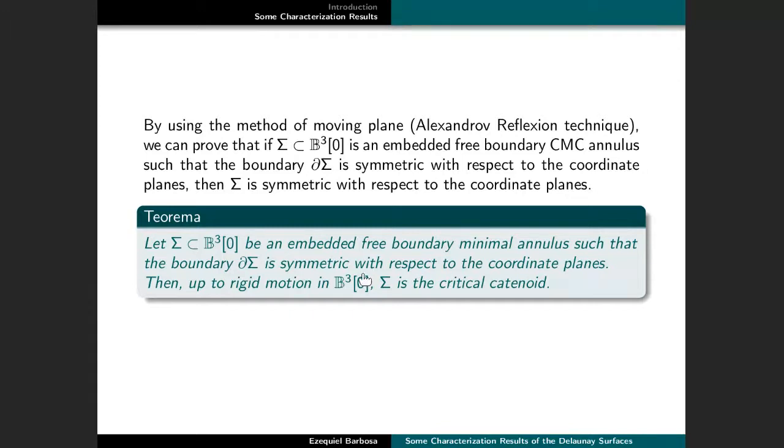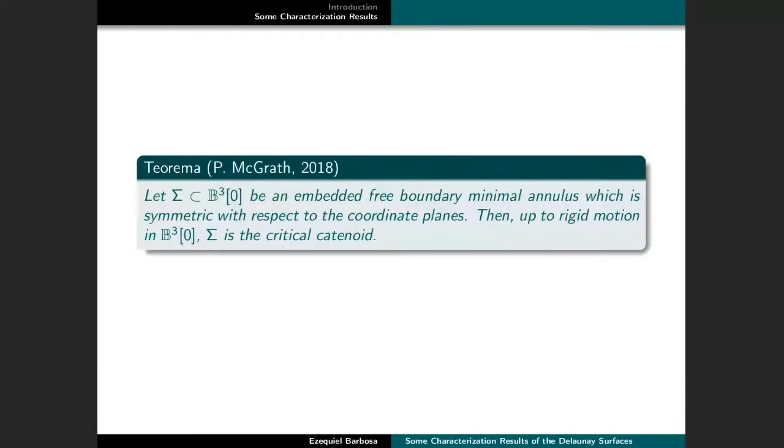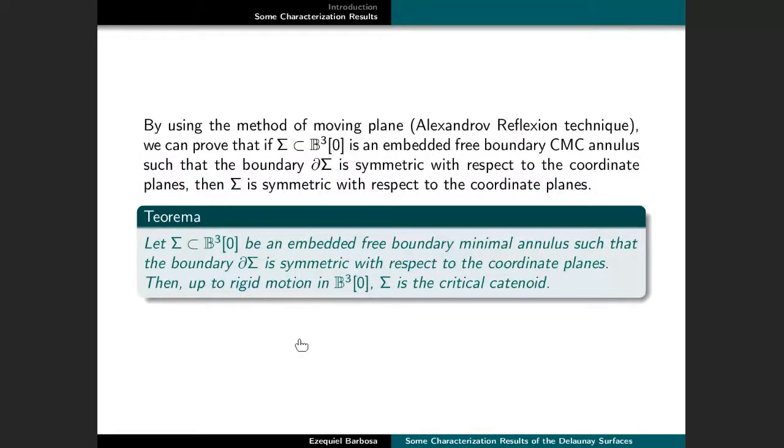So is it possible to prove that, in this result proved by McGrath, he assumed the symmetry of the surface with respect to the coordinate planes, but you can assume the symmetry just for the boundary with respect to the 3 coordinate planes, and then you use this Alexandrov reflection technique in order to prove that actually the surface is symmetric with respect to the coordinate planes. And then this is enough in order to prove that this surface is the critical catenoid.